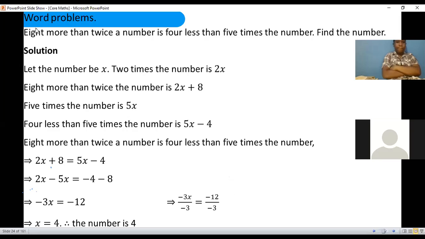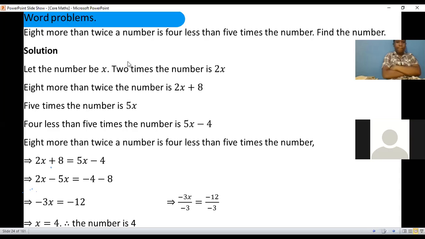So we consider first 8 more than twice a number. To do that, we let the number represent a variable. That's the first thing. So we say that let the number be x. Now we have to get twice that number, because we have 8 more than twice a number.